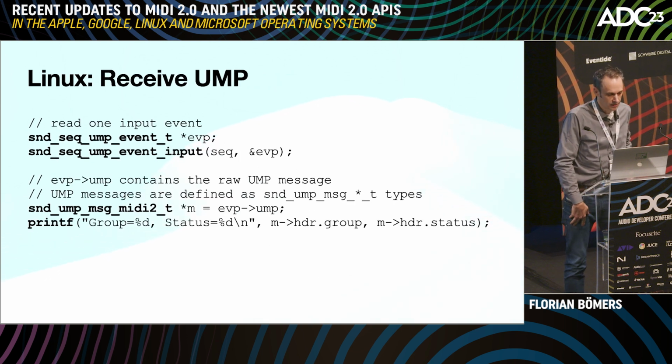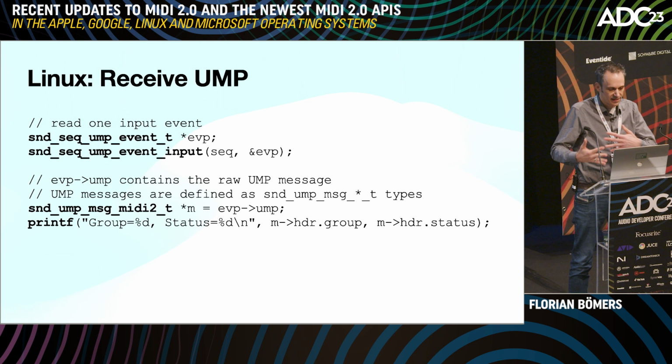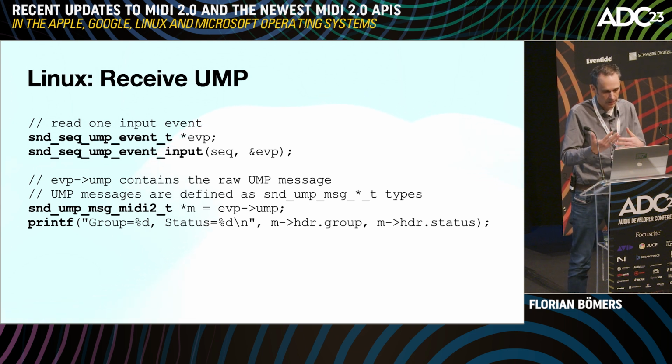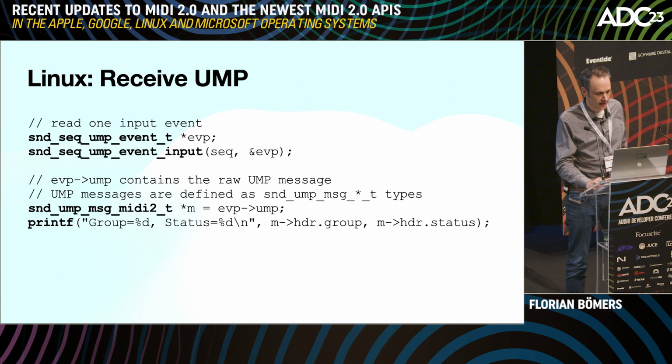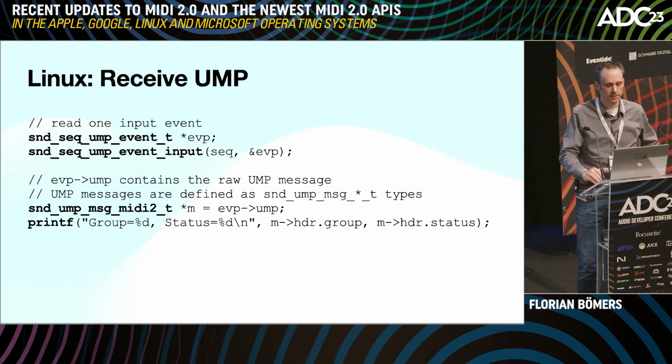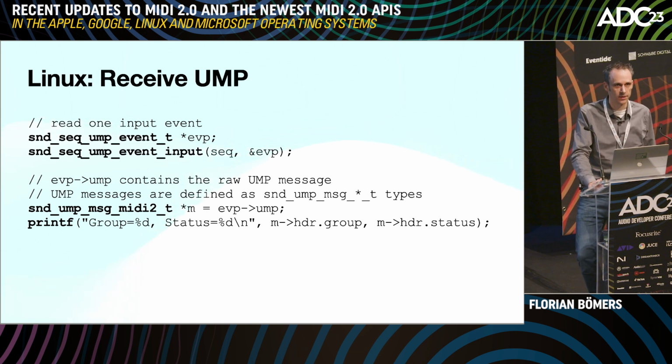Receiving UMP is also very similar to how it works with MIDI 1.0, but of course you have to allocate a UMP event again and receive it from there. So once you have your UMP stack running internally, it shouldn't be hard to make it compatible with Linux.